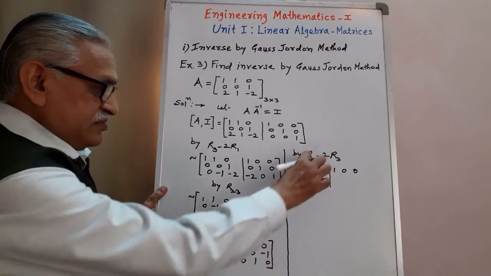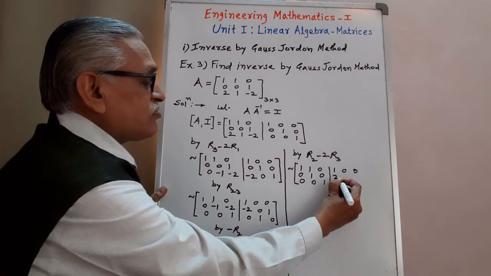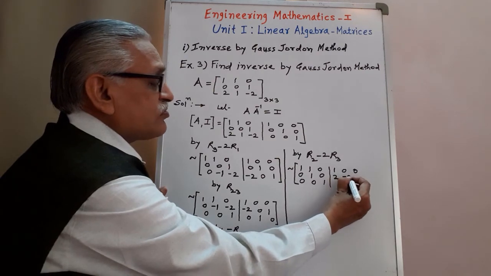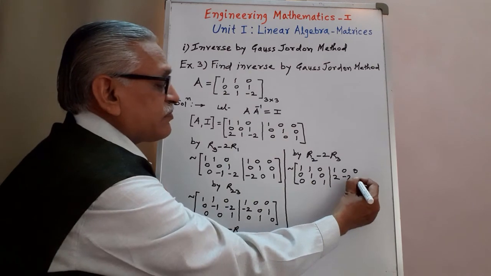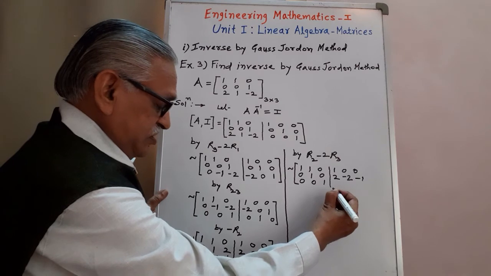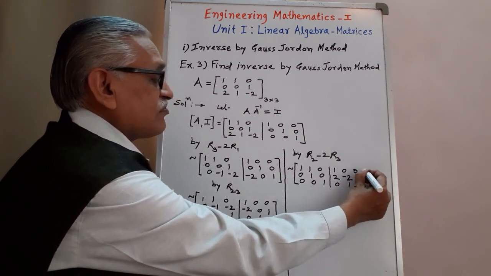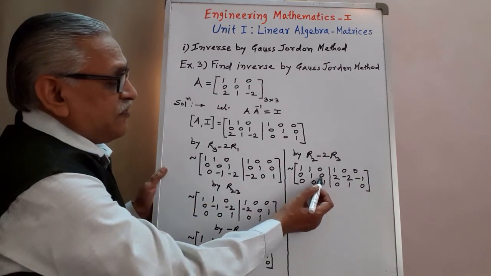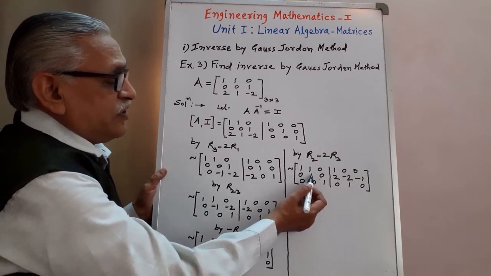Then applying this R2 minus 2 R3, 2 minus 2 times 0 we get 2, 0 minus 2 times 1, 0 minus 2 we get minus 2, minus 1 minus 2 times 0 we get minus 1. Third row as it is, no change, 0 1 0.